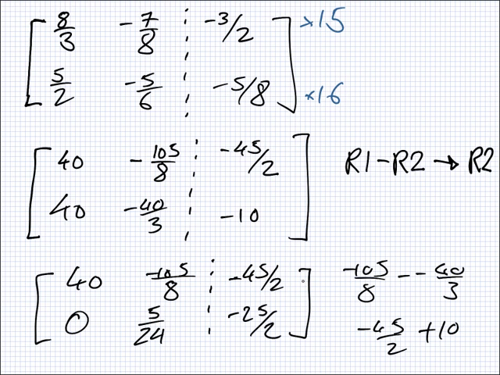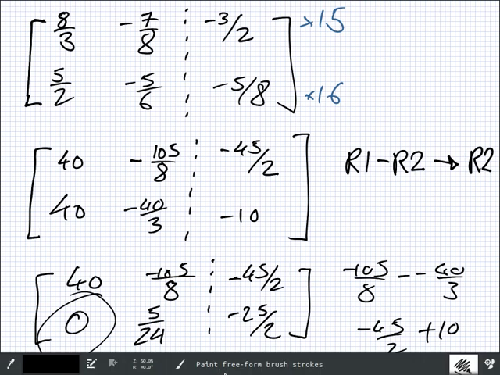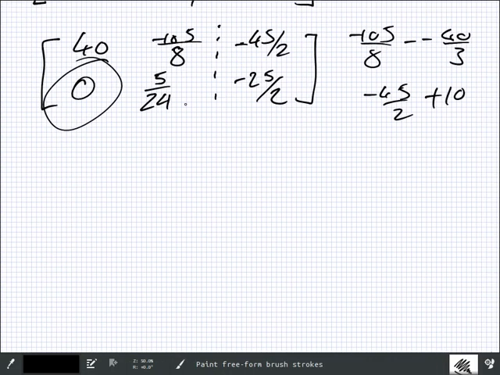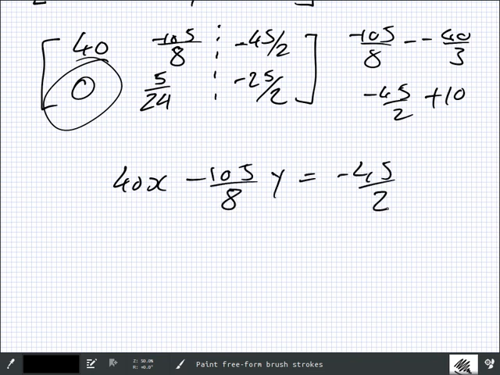Now, you realize this, or not, this is kind of the key in this process. Once you've made this guy a 0, you're actually finished. Because if you were to write this back in equation form, look at what you have. You have 40x minus 105 over 8y equals minus 45 over 2.